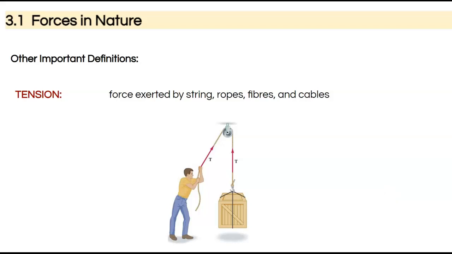Okay, next we have tension, right? So tension, typically we think about in ropes and cables and things of that sort, right? So this individual here is pulling that rope, so the rope is feeling tension in the opposite direction. In the same way, this pulley, which is aiming to lift this box, is having a couple forces act on it.